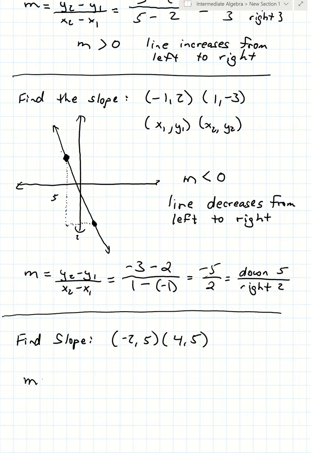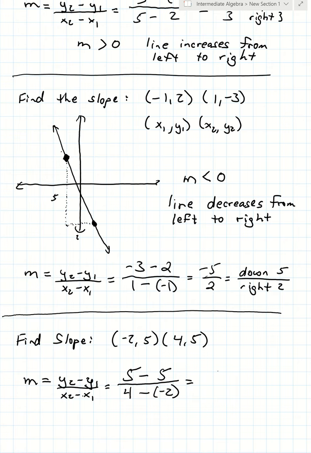Well, once again, to find the slope, we use our formula, and then we're going to plug in our numbers. So let's do that. y sub 2 is 5, minus y sub 1 is 5. x sub 2 is the number 4, minus x sub 1 is a -2.